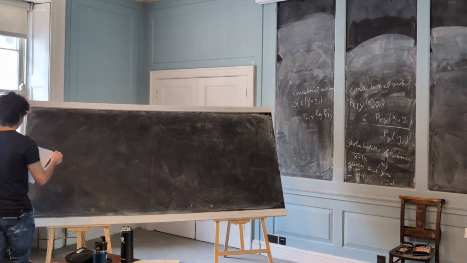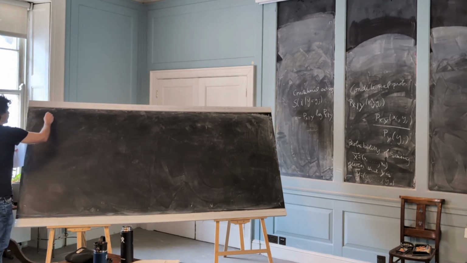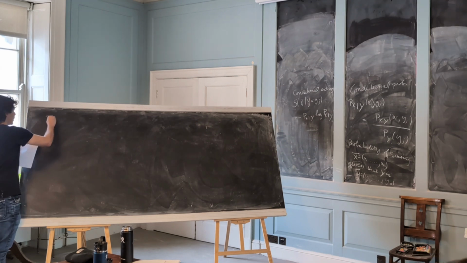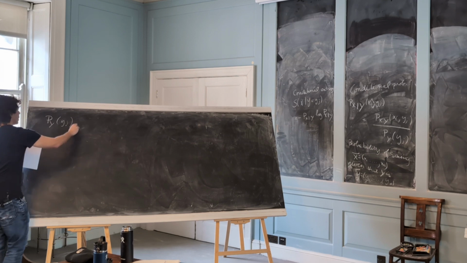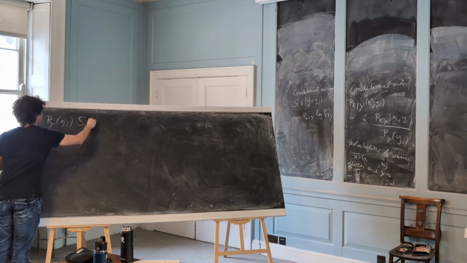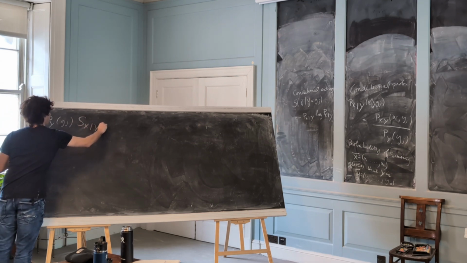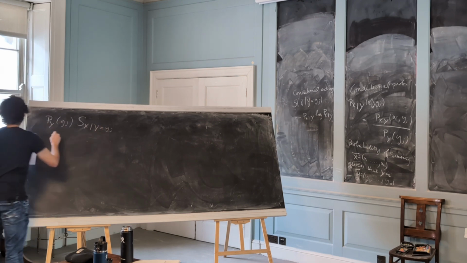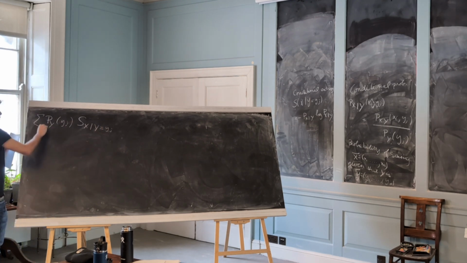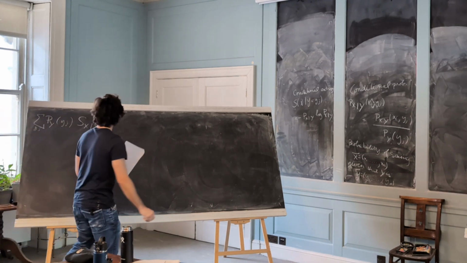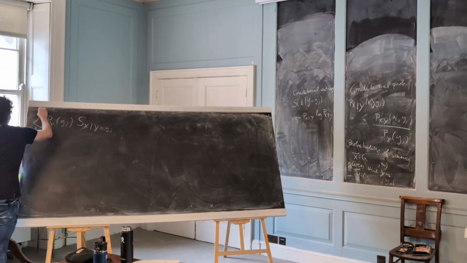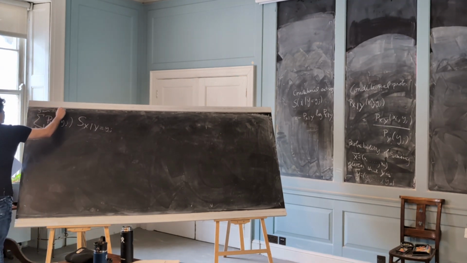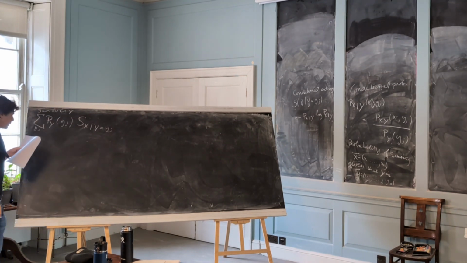Well, I take the probability on Y of my state Yj, and I multiply by the conditional probability of X given Y equals Yj, and then I sum over all of the possible states Yj. So if I sum over Y, let's do that out.